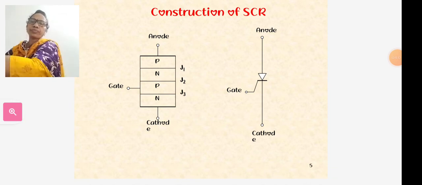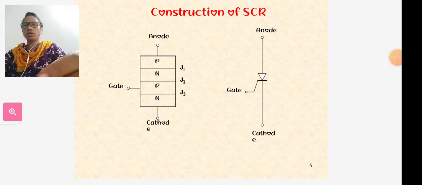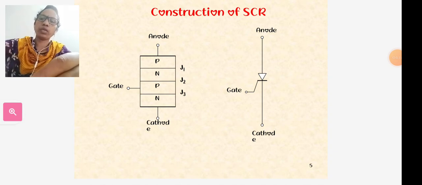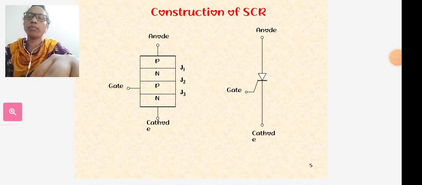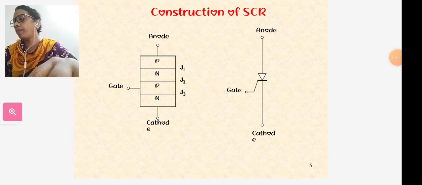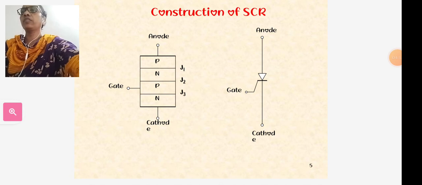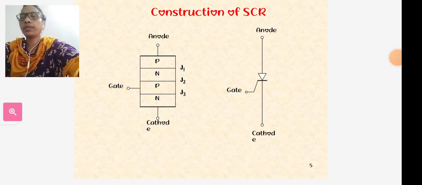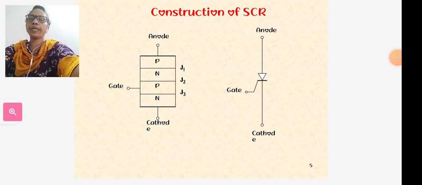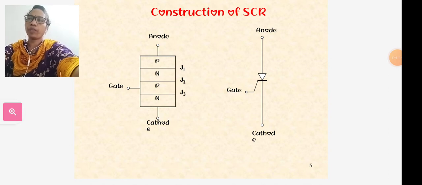In this figure, the layers are P-type, N-type, P-type and N-type. The terminal connected to the outer P-type material is called the anode, the terminal connected to the outer N-type is called the cathode, that is K, and the terminal connected to the inner P region is called the gate.